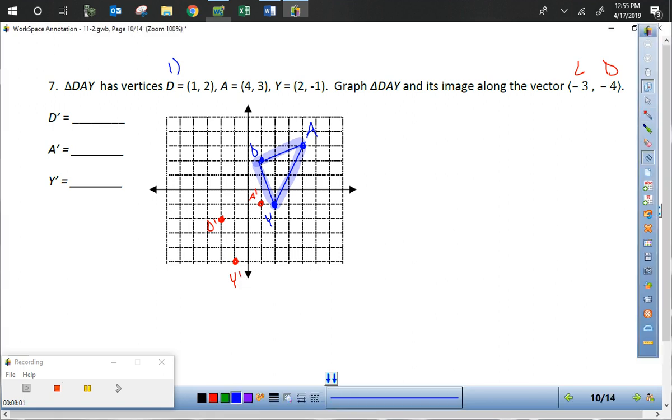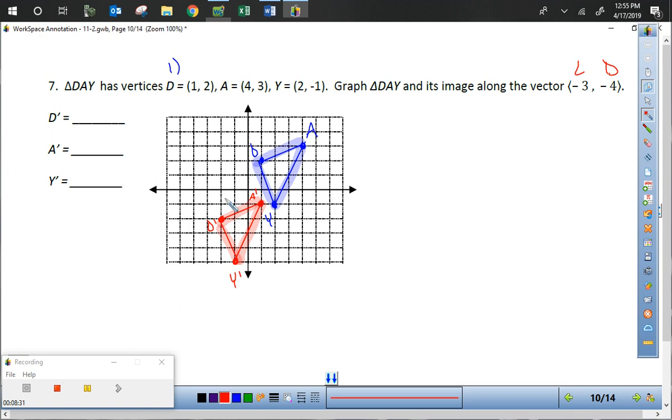We'll go ahead and connect those, and highlight. Remember that with a translation, not only are you going to see the same size and the same shape, but it should be the same orientation or direction as well. Okay, so we've taken this whole thing and shifted it down and to the left.